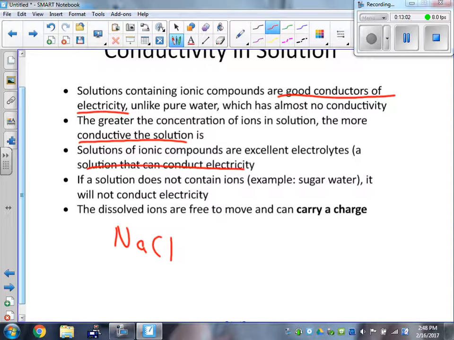That's not what it means, okay? Because everyone would be buying salt, putting it in water, putting 2 wires in, and then turning all the lights on their house and be like, look, I'm powering my house from sodium chloride and water. No, that's not what it means. What it means is, if I put a current through the solution, the current would make a complete circuit, okay, and we're going to do this.